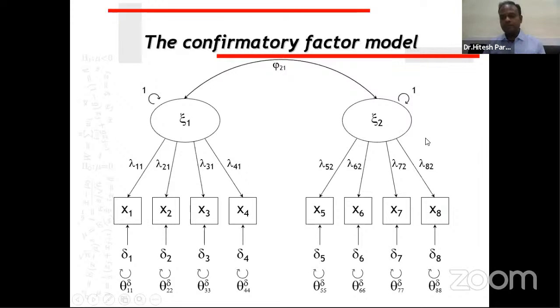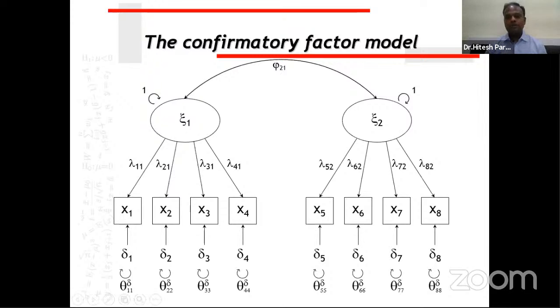There are 8 columns. Based on these scores of 8 variables, what information do we have? For example, that x1 to x4 is store image and x5 to x8 is satisfaction.